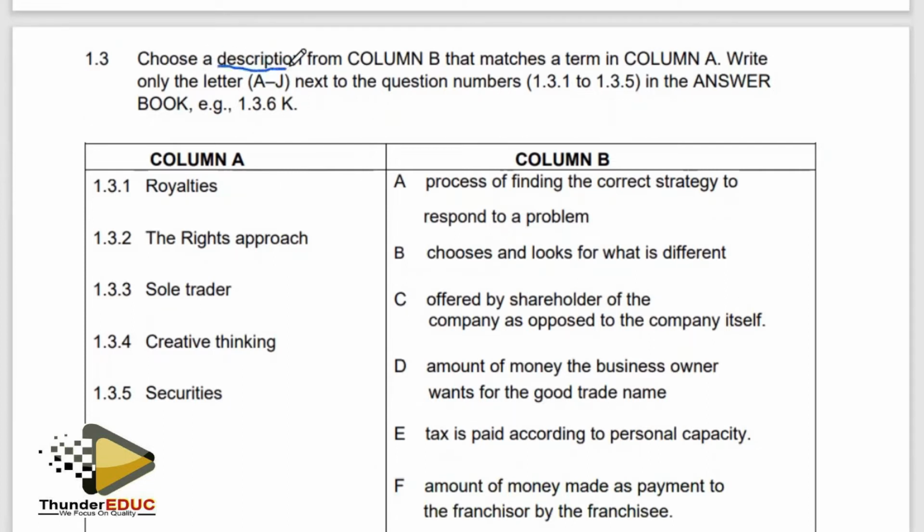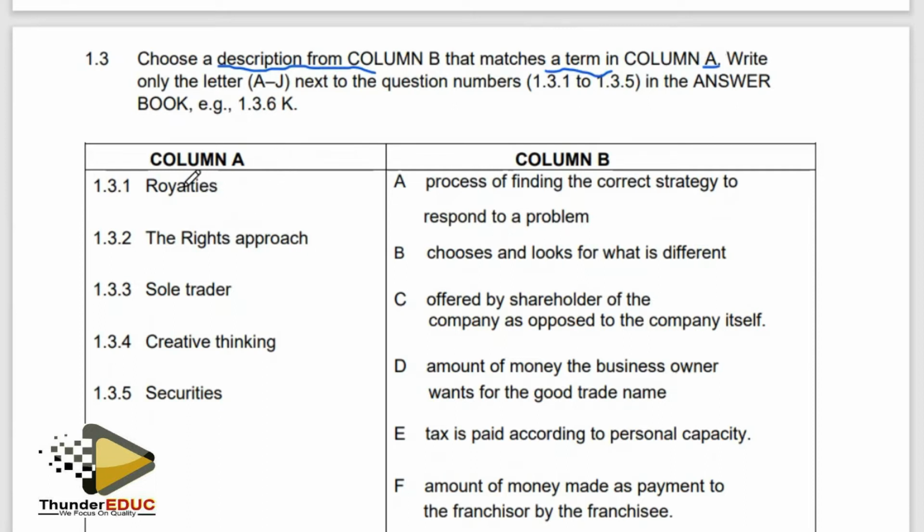Choose a description from column B that matches a term in column A. Yes, we are supposed to look at a description from B that will match the terminology given in column A. How do we deal with this section?